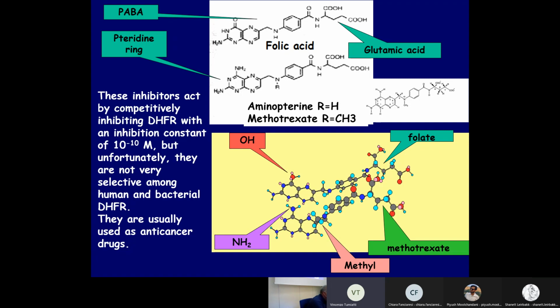So sometimes the discovery of antibacterial agents is very close to the discovery of anti-cancer compounds. The same case is for quinolones. Some quinolones are now used as anti-cancer compounds because, you know, the machinery of the cells is very similar.